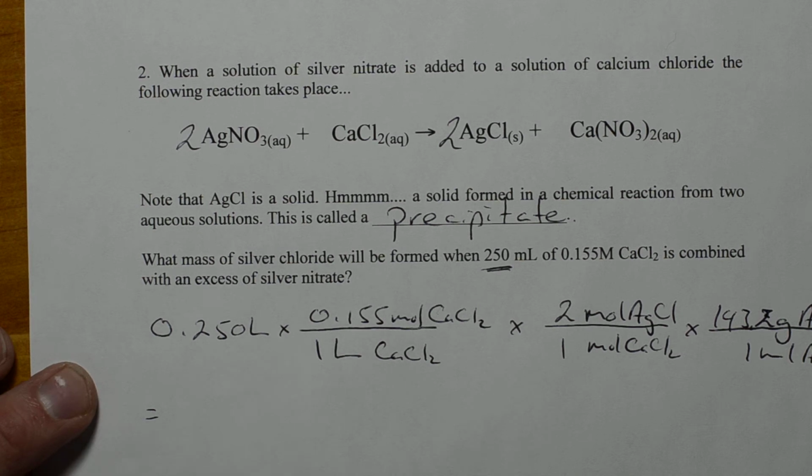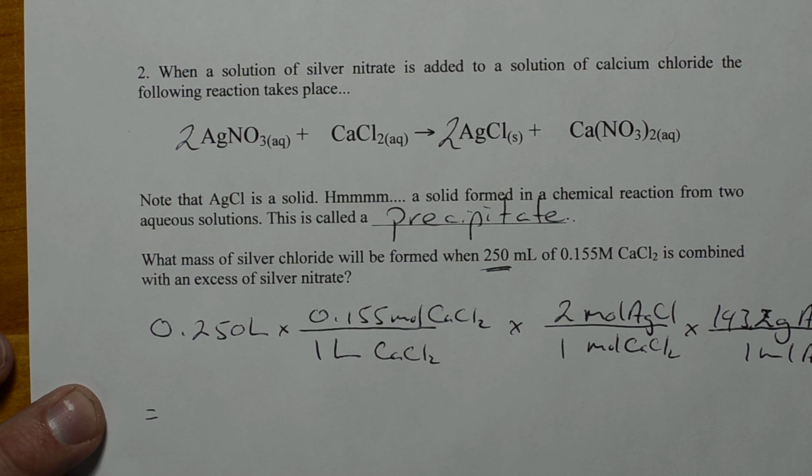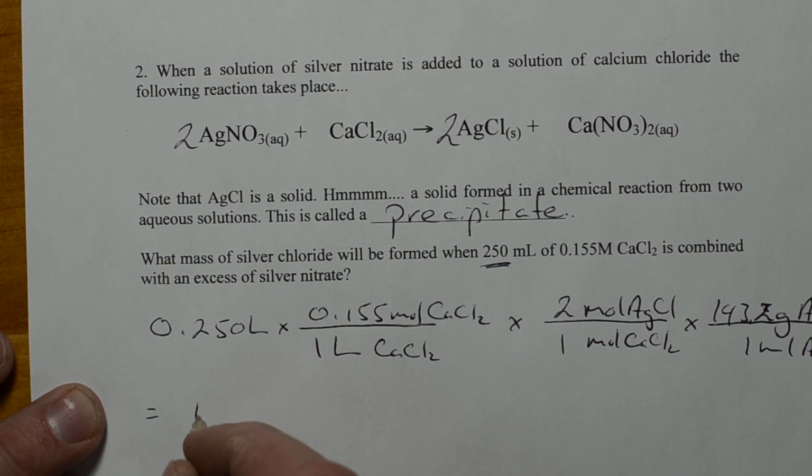And if I do my calculation, well, here I'll let you do it quickly, faster, get those fingers flying. I don't know, I got 11.1 grams of silver chloride. So there you have it.